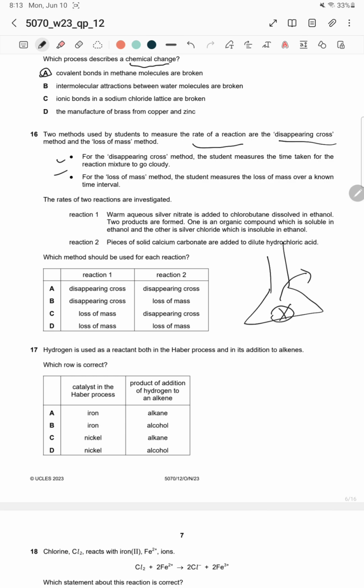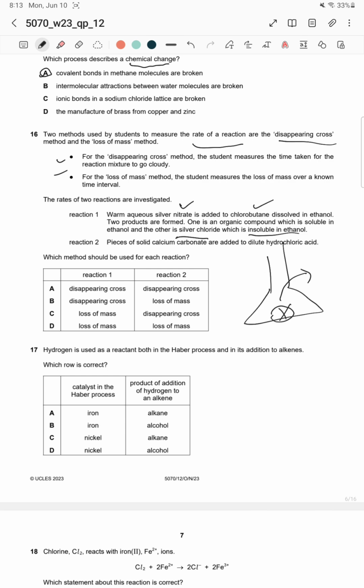The rates of two reactions are investigated. Reaction 1: warm aqueous silver nitrate is added to chlorobutane dissolved in ethanol. Two products are formed. One is an organic compound which is soluble in ethanol, the other is silver chloride. As you can see, silver chloride is insoluble in water. So you will use the disappearing cross method for reaction 1.